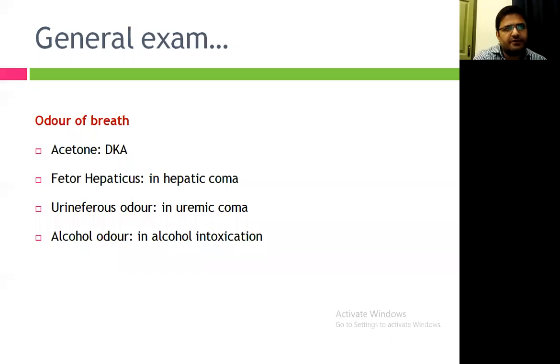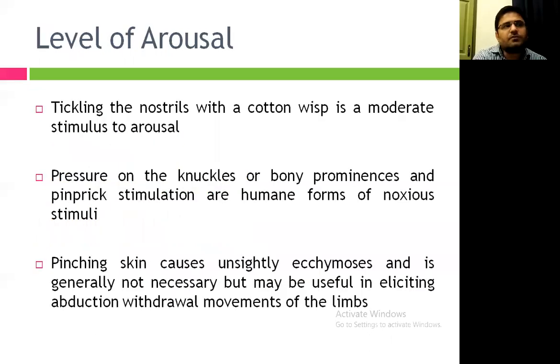So level of arousal is really very important to see whether the patient is functional or truly unconscious, or at what level of GCS score the patient is categorized. Tickling the nostril with a cotton wisp is a moderate stimulus to arousal. Pressure on the knuckles or bony prominences like the sternum, and pinprick stimulation, are forms of noxious stimuli.